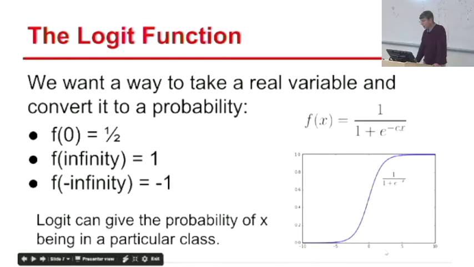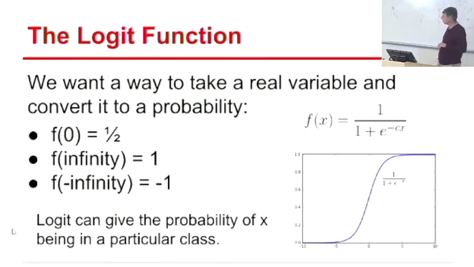What's the probability that 10 is going to be a positive number? Very high. What's the probability that 0.1 is a positive number? Well, it's less than 1, but it's more than a half, right? What was the probability that minus 115 was a positive number? That's going to be very close to 0, right?